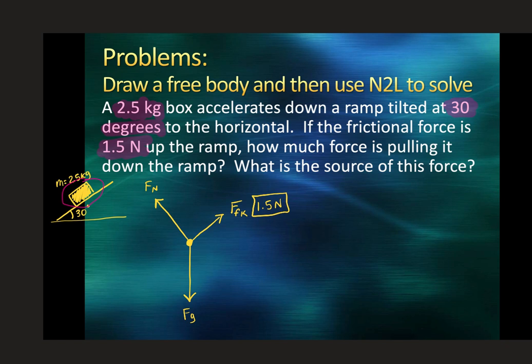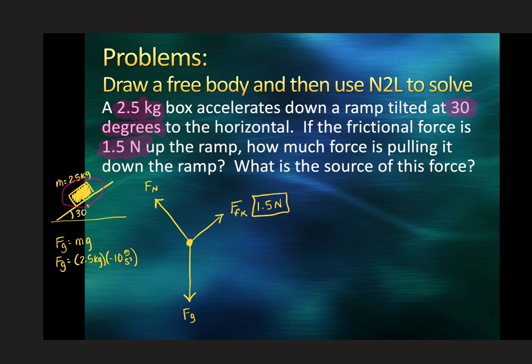Okay, so now what I need to do is calculate the rest of these forces to the best of my ability here. And so first thing I can do is I can definitely calculate FG, force of gravity. I'm going to do it right underneath the drawing here. So remember, force of gravity is always equal to mg. And that means that it is going to be equal to that 2.5 kilograms times the negative 10 meters per second squared.